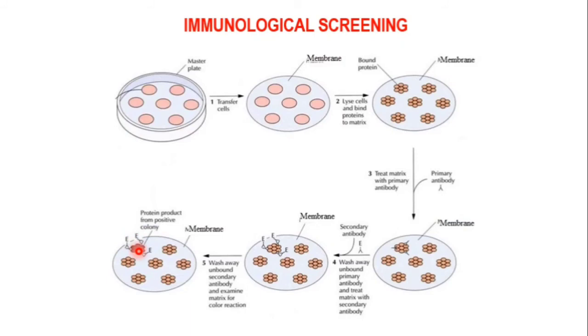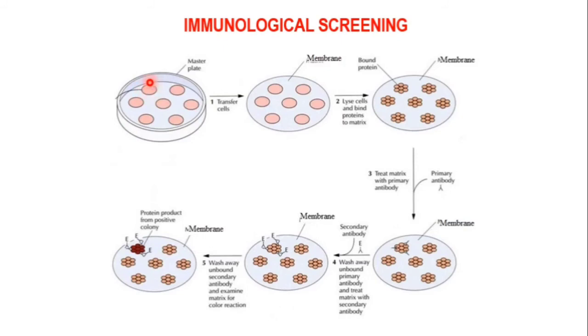You can compare this spot with the master plate. Here is a spot, which means this colony contains our desired gene's protein. So we can identify that this is the desired colony, containing our transgenic or recombinant DNA.